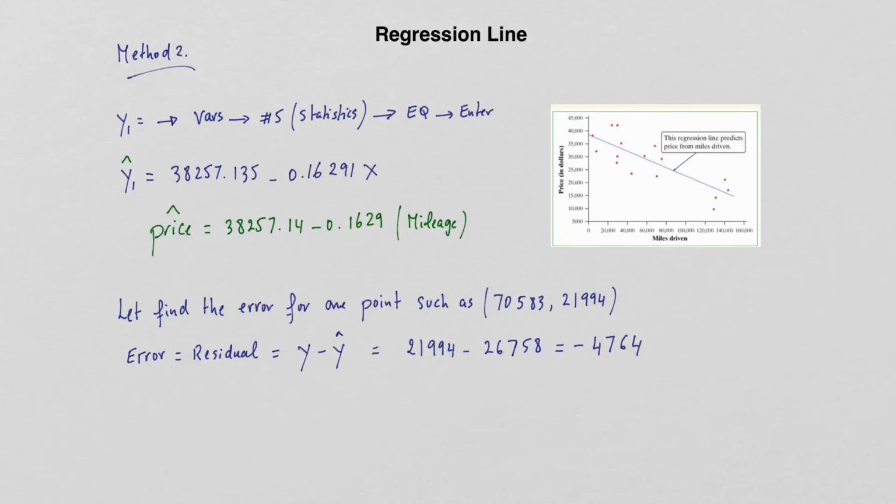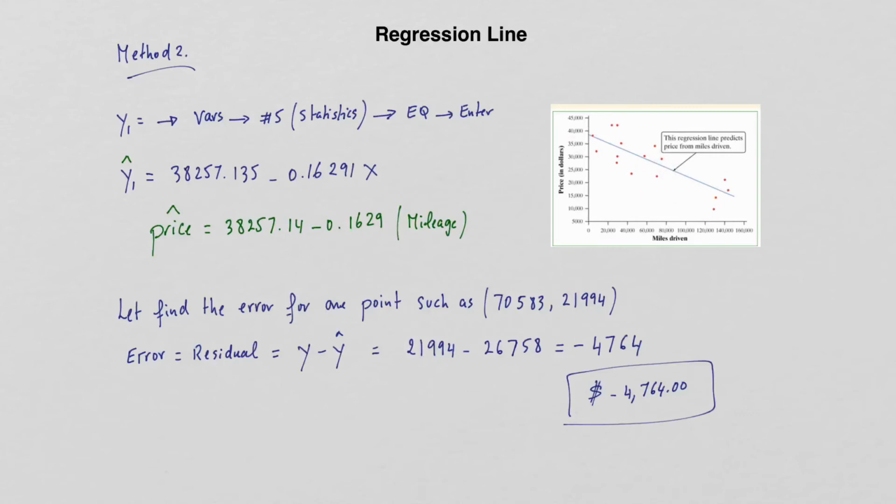I would even write it like this, because this is a dollar amount. Y is a dollar amount, price, so price minus price is still price. That is the residual for this point only.